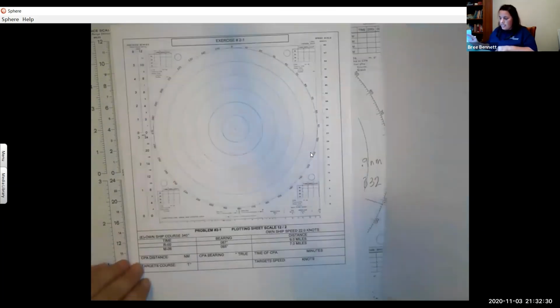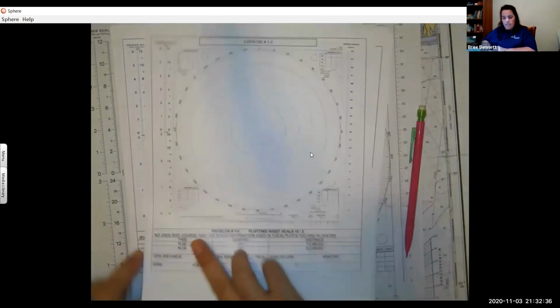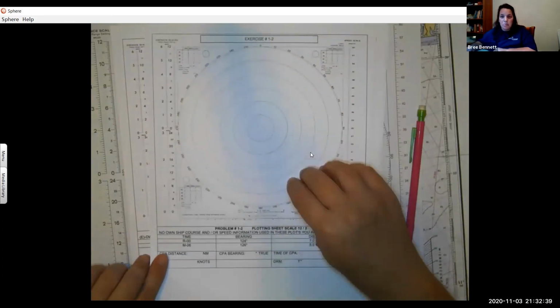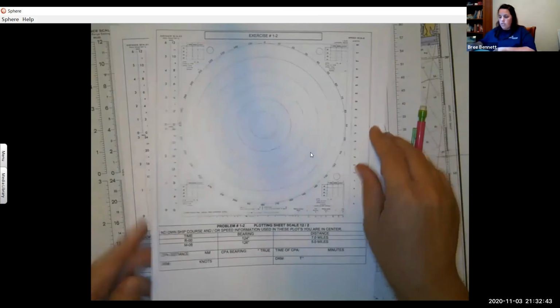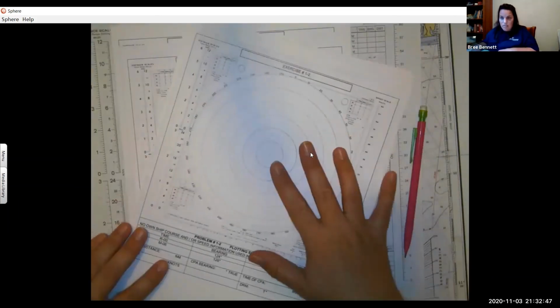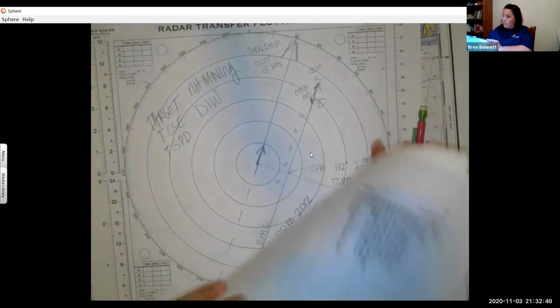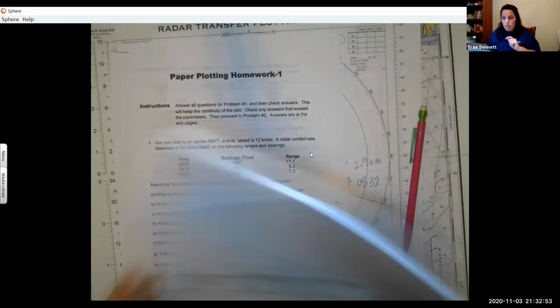And then the second 10 are plotting the E. So that's just getting that muscle memory. I say this one is optional. You don't have to do it if you're feeling comfortable with the actual homework, but I wanted to give you extra practice.